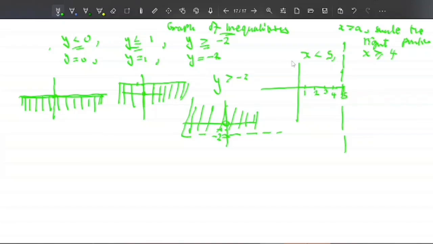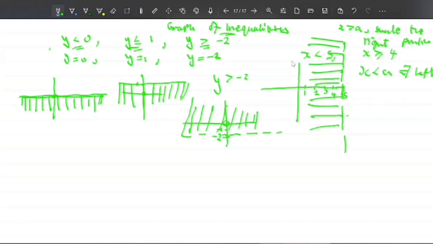Conversely, for less than, you shade the left. Is that clear? So in this case, it's less than, so we have a broken line, and we shade towards the left. That's the region that satisfies the inequality.